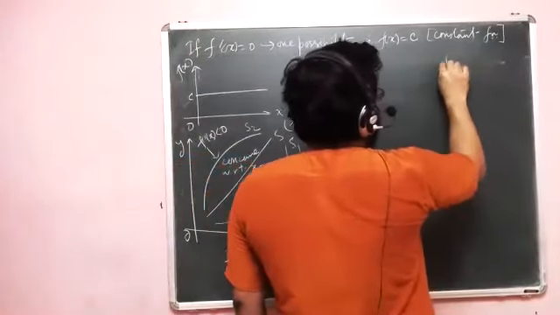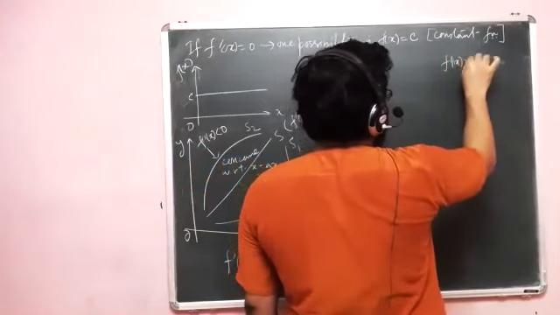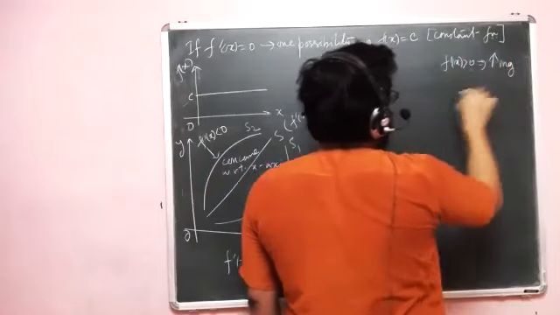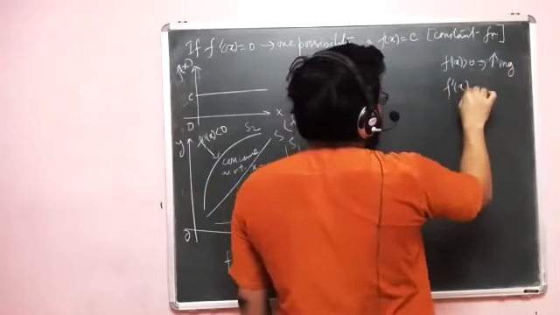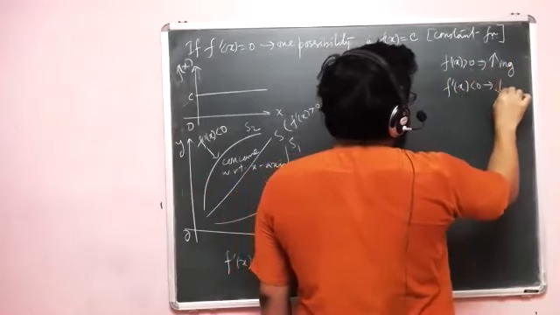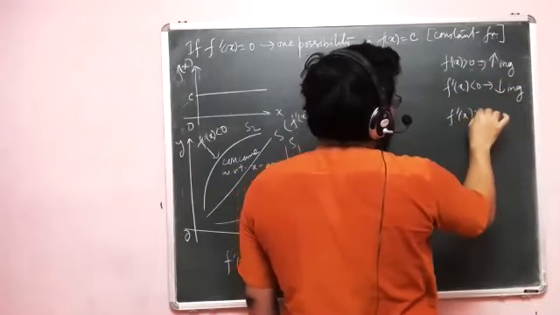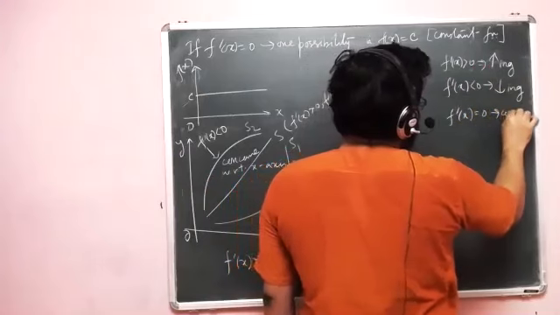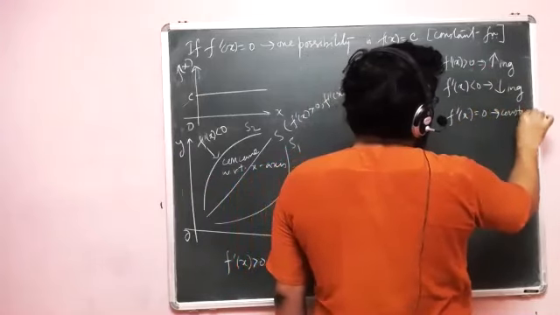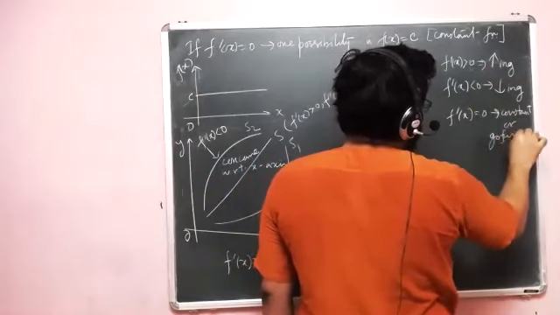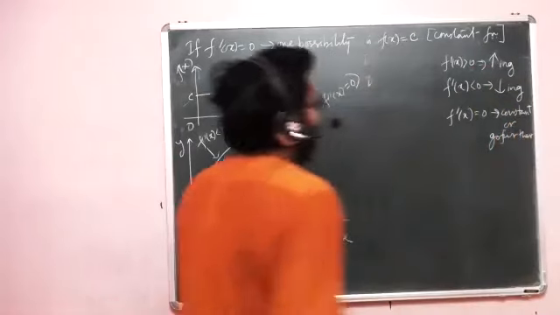So we said that f dash x greater than 0 means increasing, f dash x less than 0 means decreasing, f dash x 0 means constant or go further.